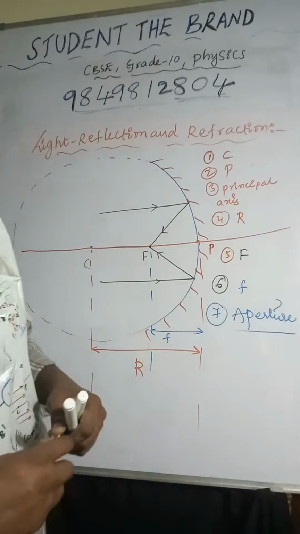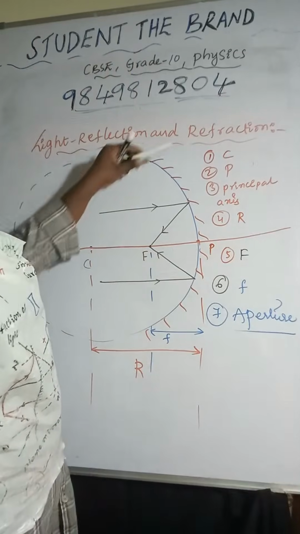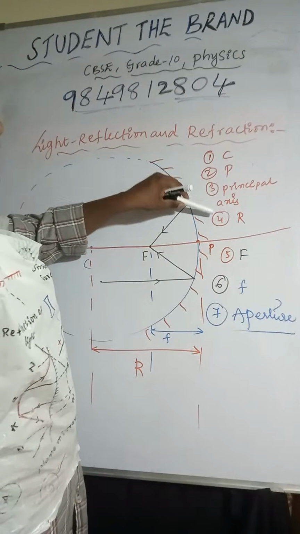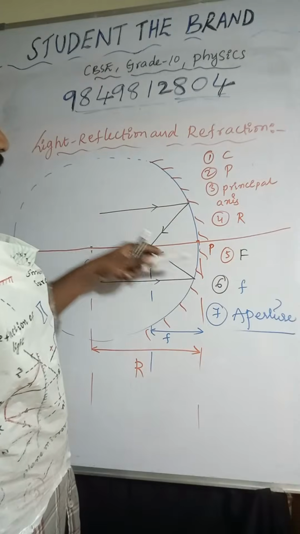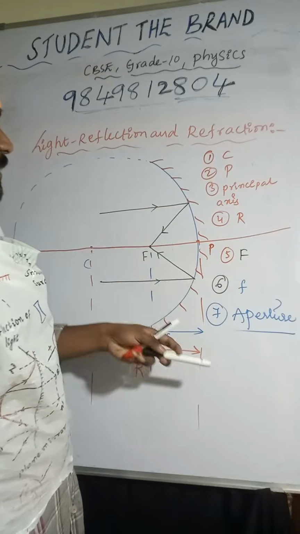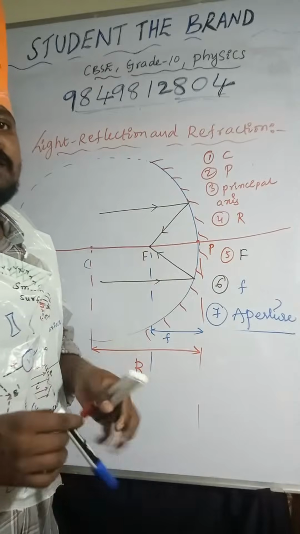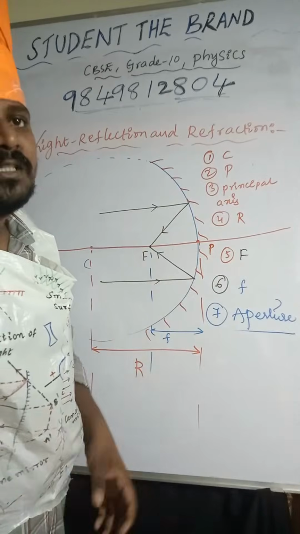So this is about center of curvature, pole, principal axis, radius of curvature, focus, focal length, and aperture. The width of the mirror is called aperture.